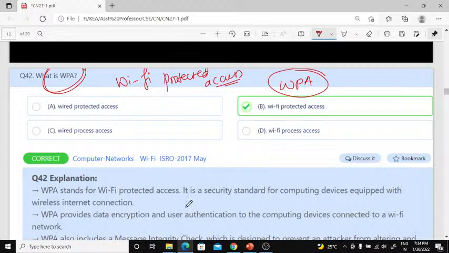It is a security standard for computing devices equipped with wireless internet connection.